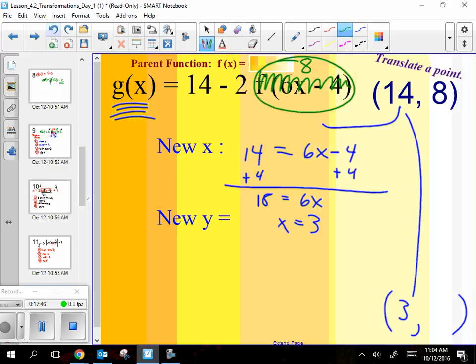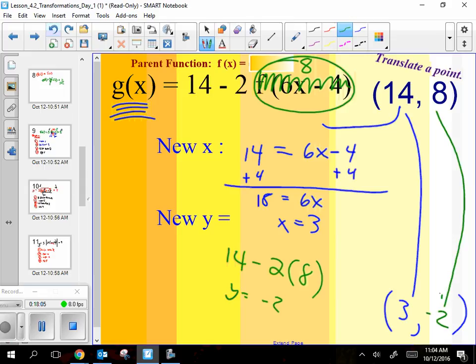And now I have 14 minus 2 times 8, which is 14 minus 16, which makes negative 2. The 8 became negative 2.